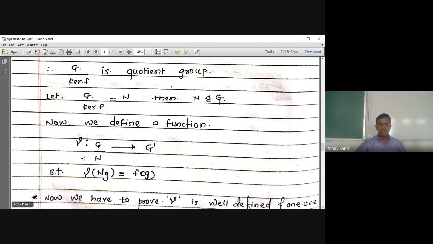Such that we define this function like this: psi or gamma of ng is equal to f of g, and this f of g is from G dash.